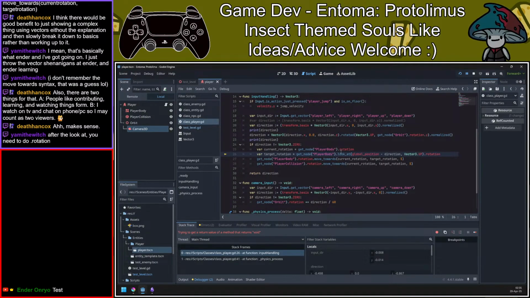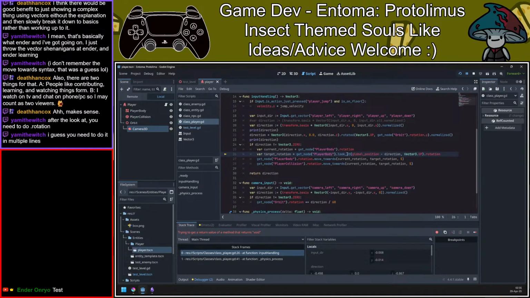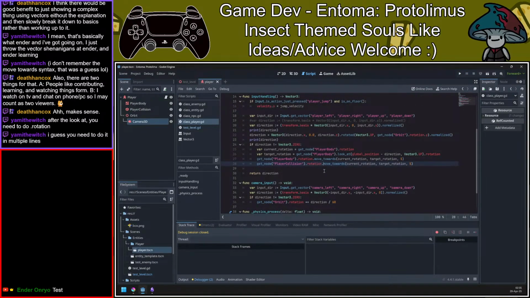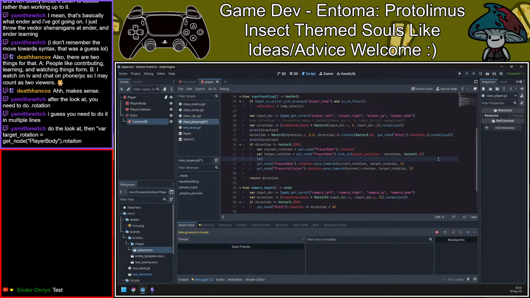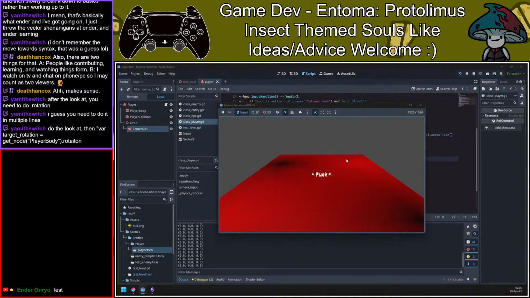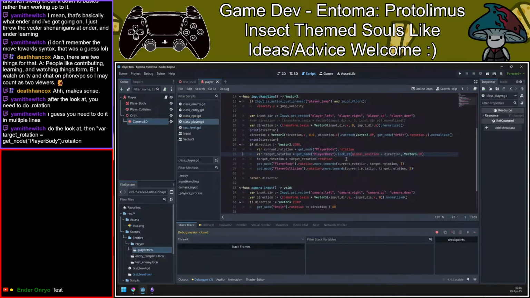Okay, player body rotation. Do it on multiple lines. Target rotate. Do the look at.